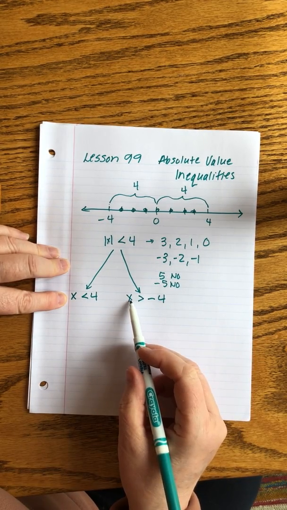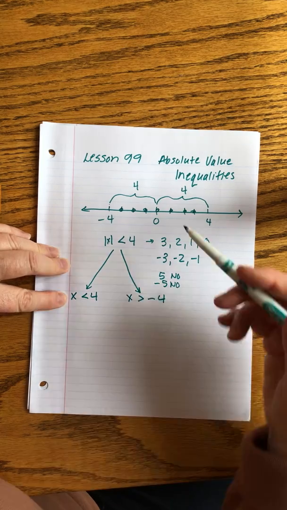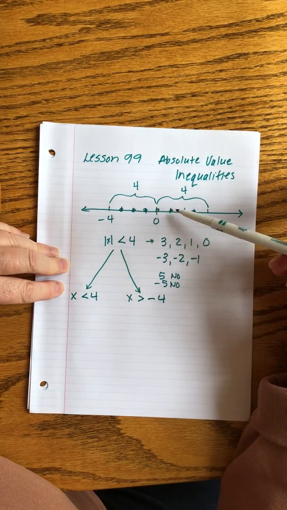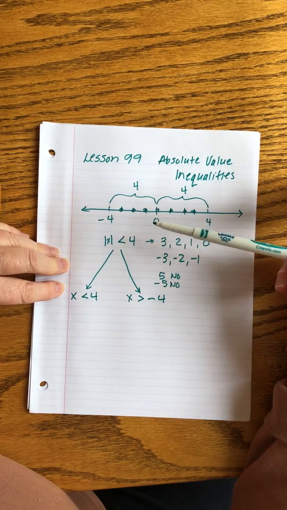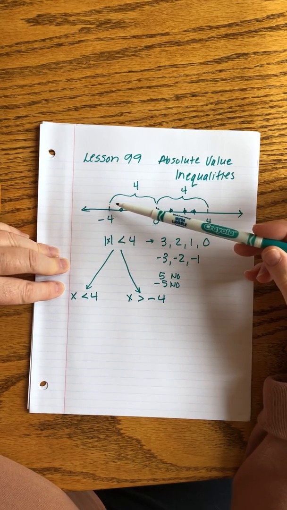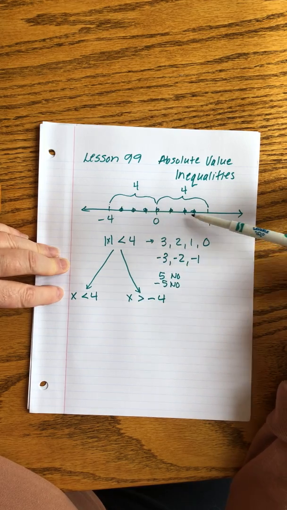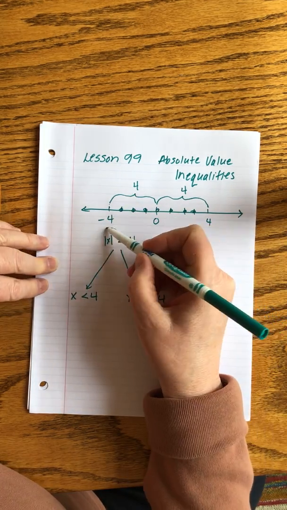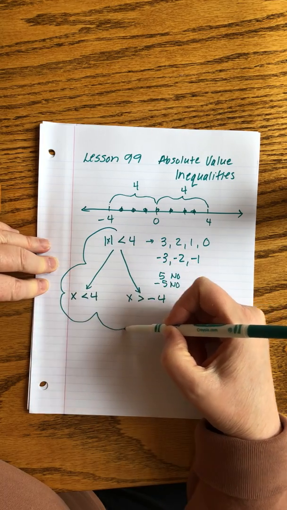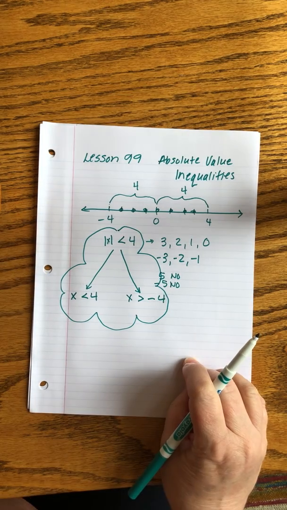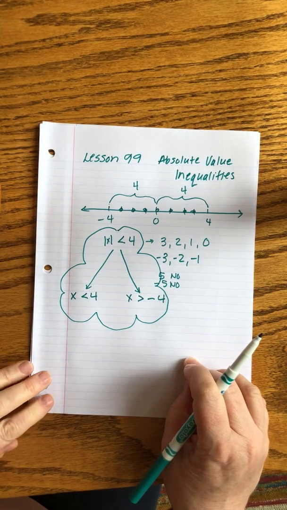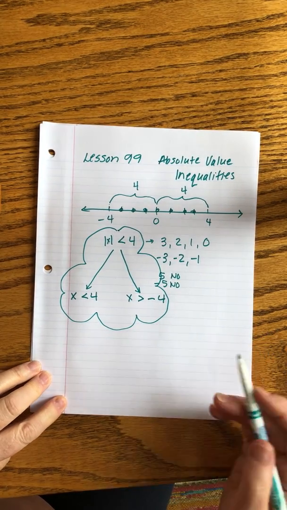We also need the values of x that are greater than negative 4, and that's exactly what we've described here. Again, I chose integers as my domain. That was just my call. But that's what we've graphed up here, values for x that are greater than negative 4, but also less than positive 4. So this process is going to be what we can use every time to graph these.